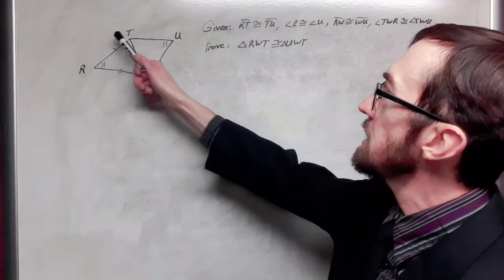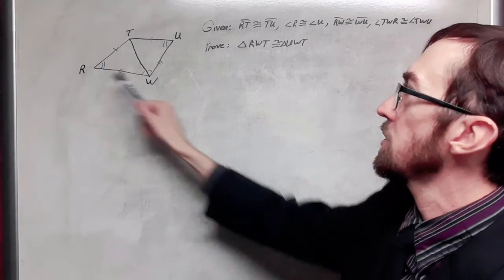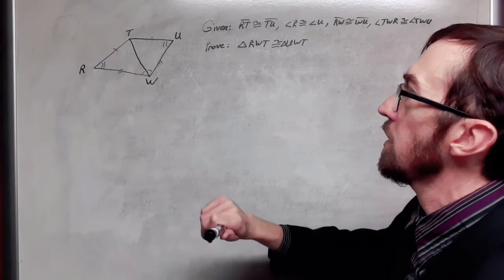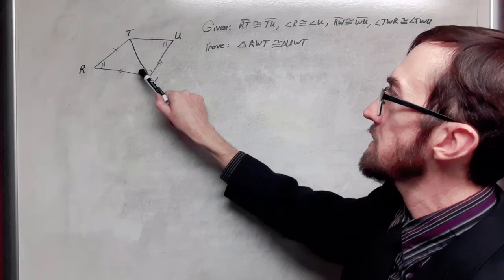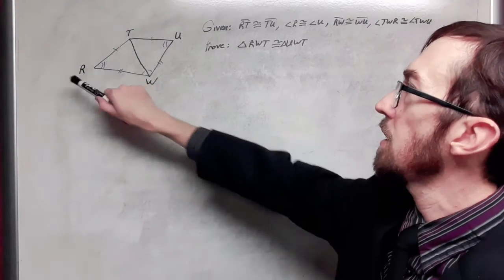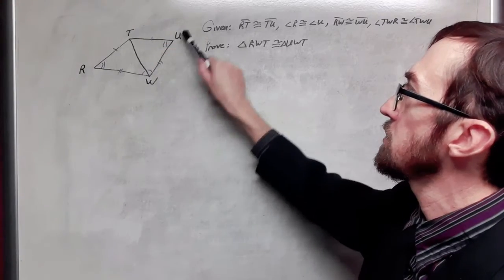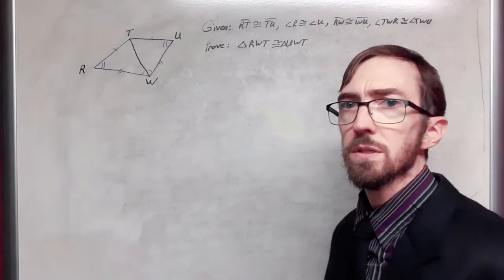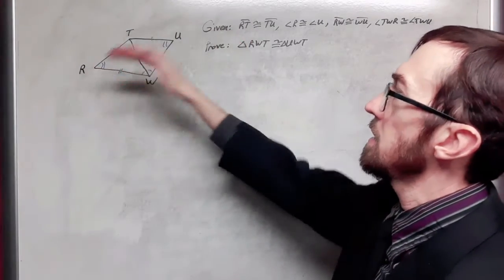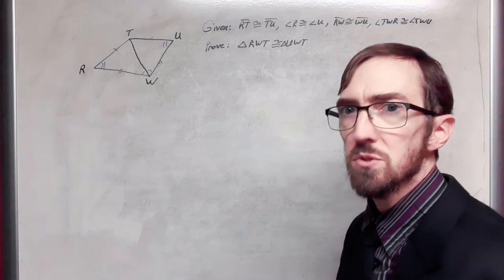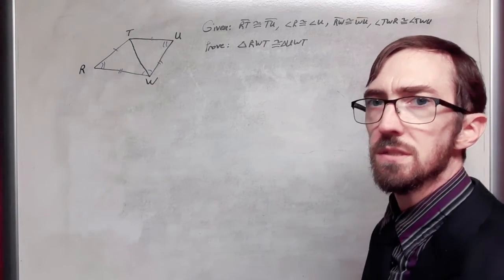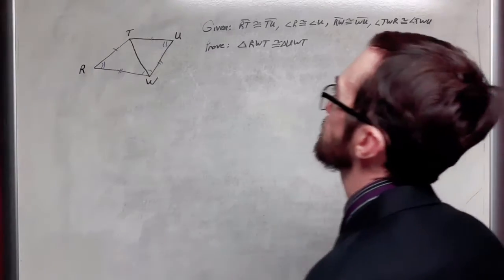So we have that RT and TU are congruent sides, RW and WU are congruent sides, angle R and angle U are congruent angles, and this angle down here in the corner by W, which is TWR, and TWU are corresponding congruent angles. So this is basically a reflection across here. So it seems reasonable that these are congruent. So we just want to run through getting those details together and proving that.